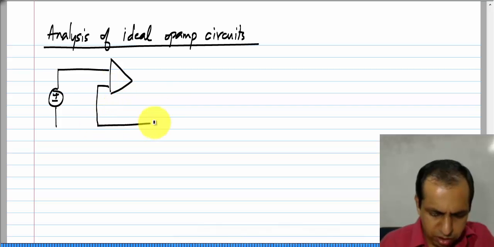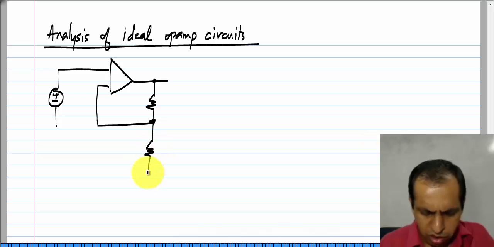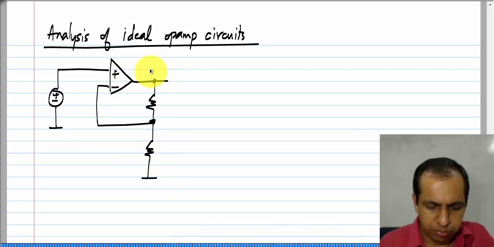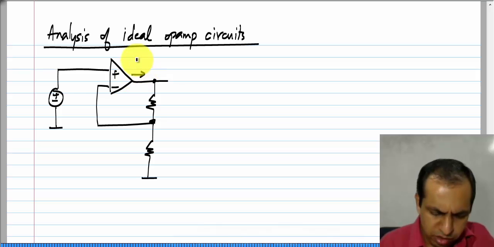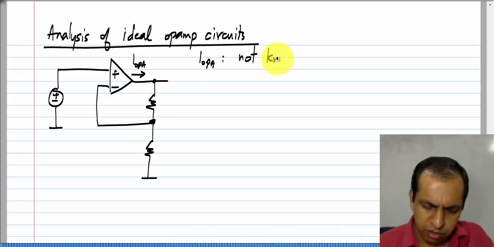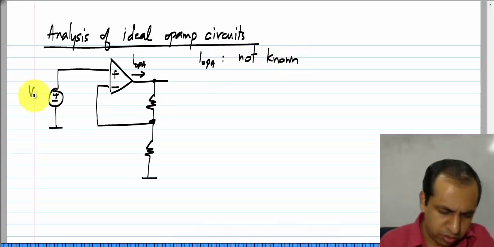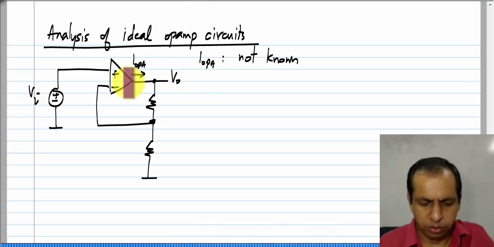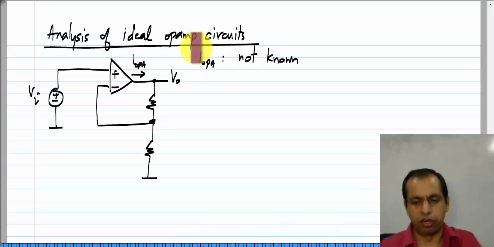Again, the problem is that we do not know what is the current at the output of the op amp. If I call this IOPA, IOPA is not known. That is, it is unrelated to the characteristics of the op amp. We cannot write some equation based on what the op amp is.